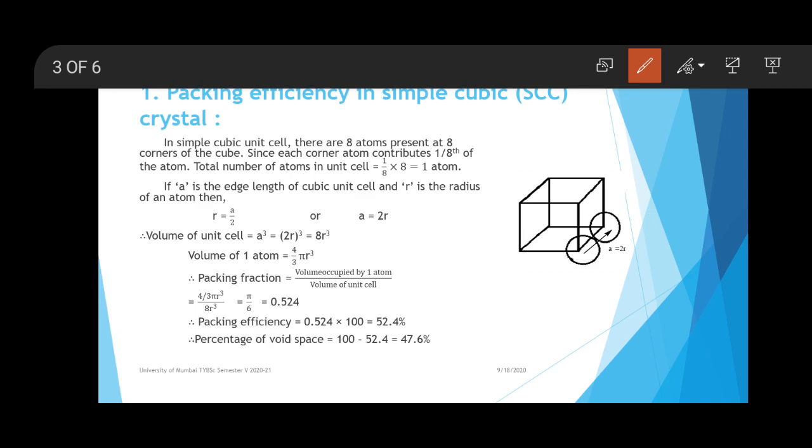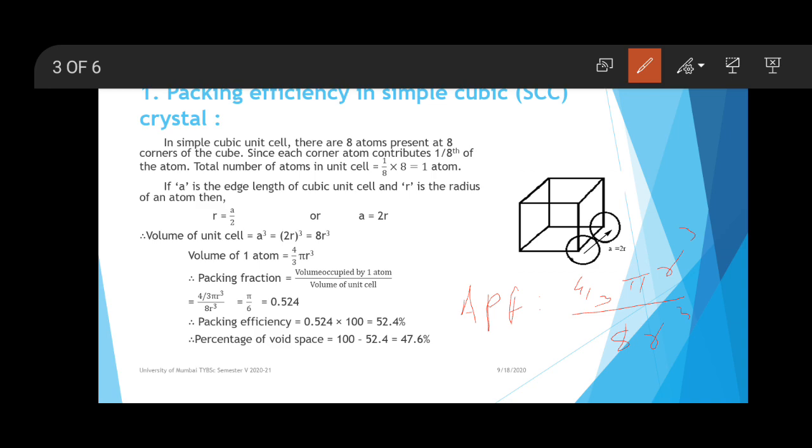Atomic packing fraction or atomic packing factor is equal to volume occupied by one atom divided by volume of unit cell. So volume occupied by one atom is 4 by 3 pi r cube, and volume of unit cell is 8 r cube.